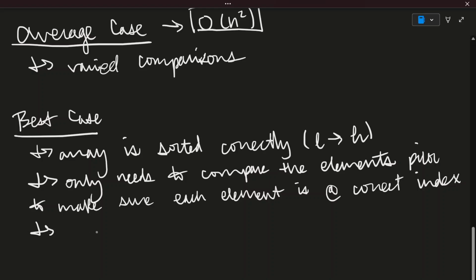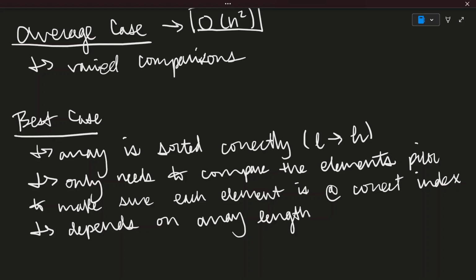And this depends on the array length. So n elements in the array. The array length determines the number of comparisons it makes.